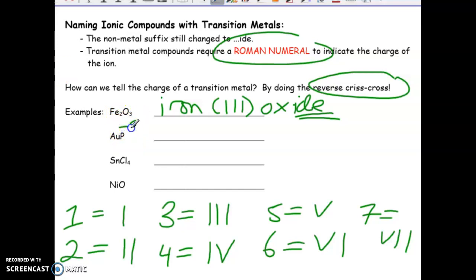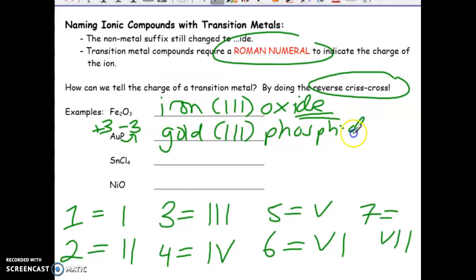But you have to remember that this could be the reduced version, because in ionic compounds, you always reduce to the lowest subscripts. Phosphorus has a charge of -3. So that must mean if there's no number beside the gold, it had to have been +3. So this is gold 3 phosphide.